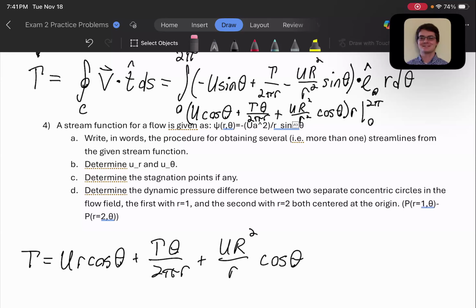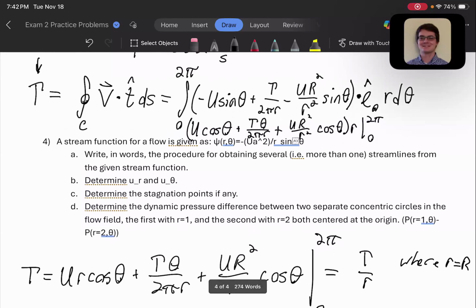That goes away. We can do 2 pi to 0, which is going to end up giving us r equals r. Okay, drop the r.